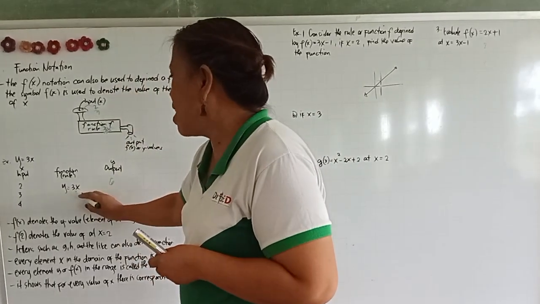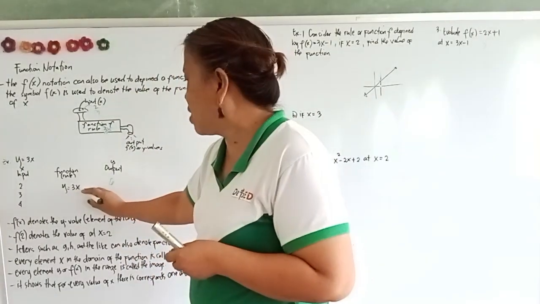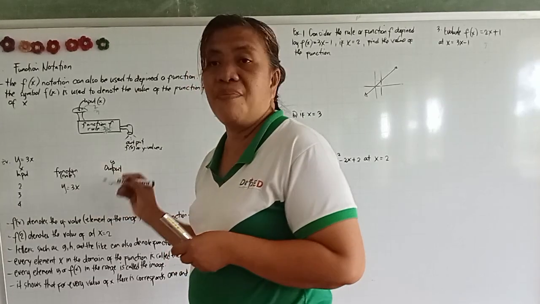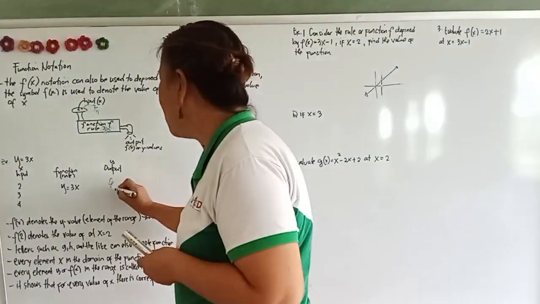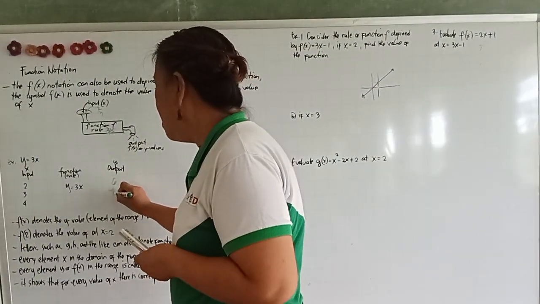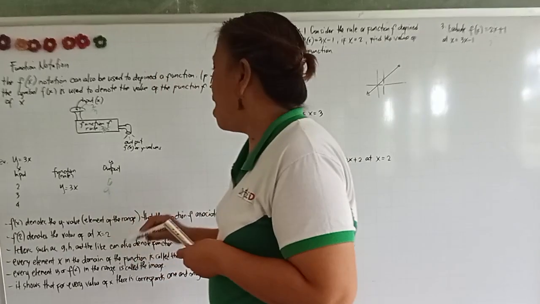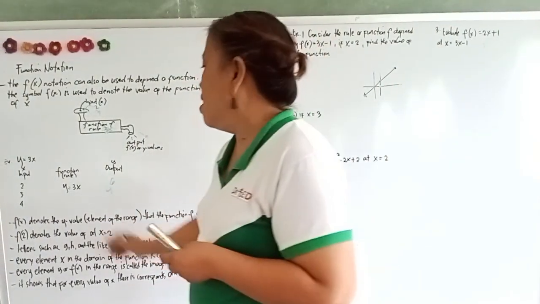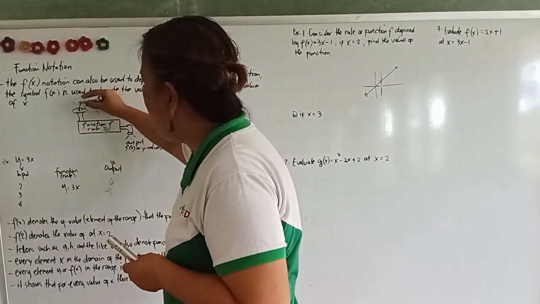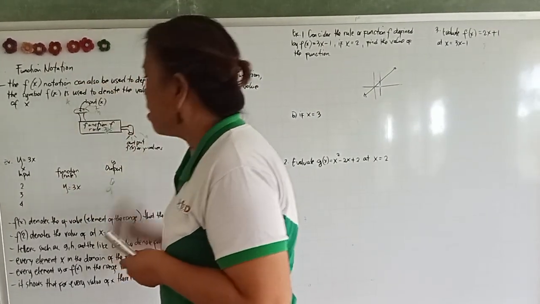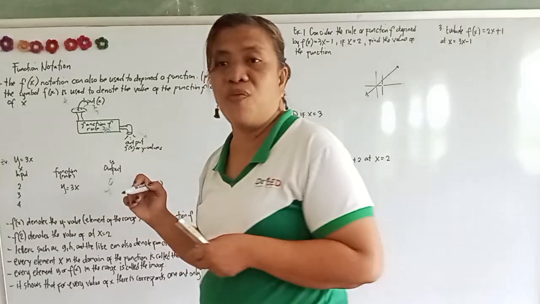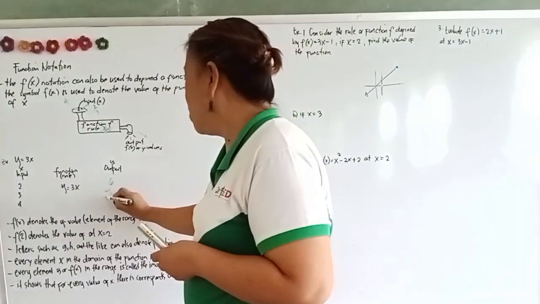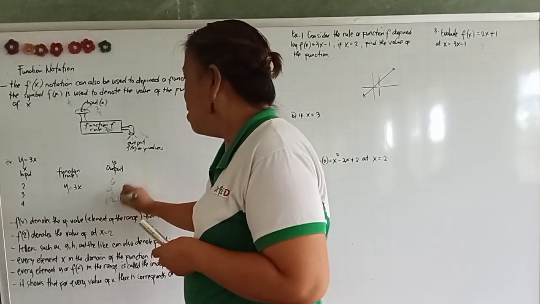So 3 times 3, we replace x with 3. How much? 9. Very good, 9 is our output. Next, let's put 4. So 3 times 4? 12. So the output is 12.